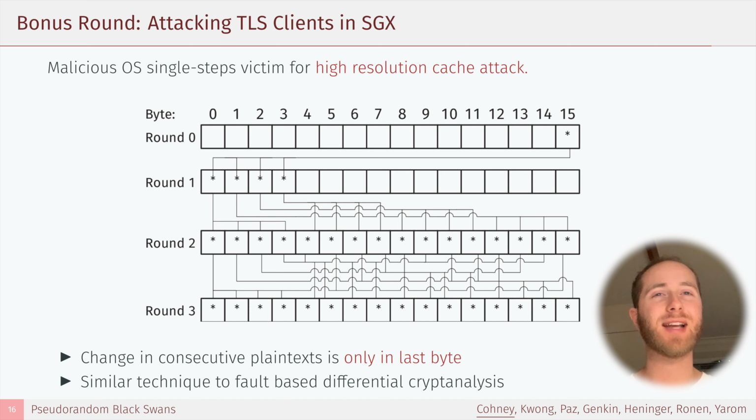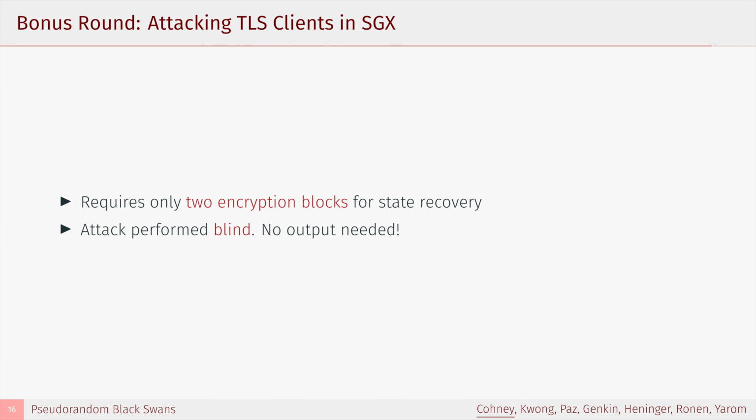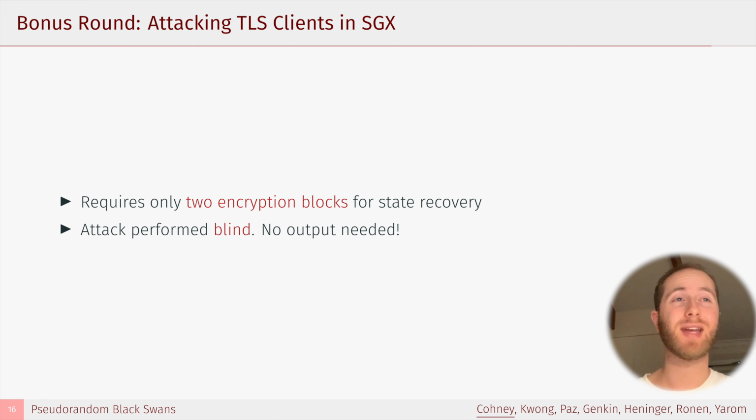This allows us to use a technique very similar to fault-based differential cryptanalysis, which relies on minimal differences between plaintexts to recover the key. We note that consecutive counter-DRBG plaintexts only differ in the last byte as it's a counter that's just being incremented. We are therefore able to obtain a differential path that we can use to recover the encryption key with only 2 encryptions.